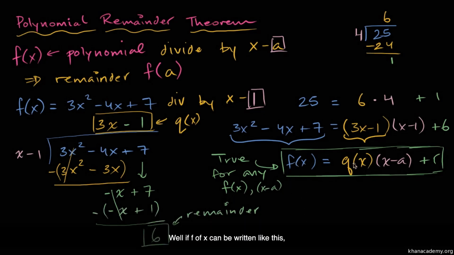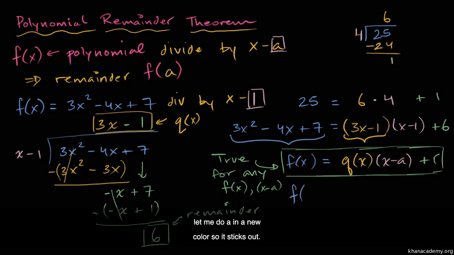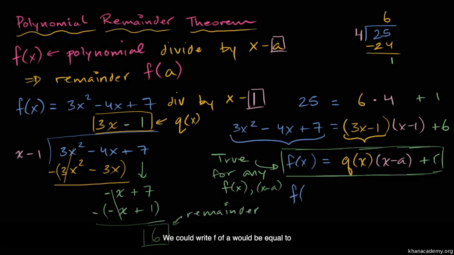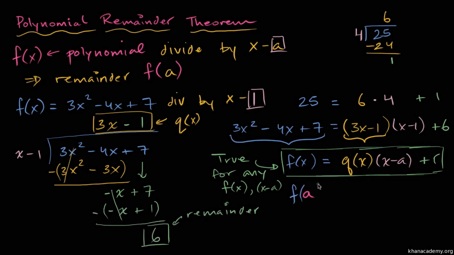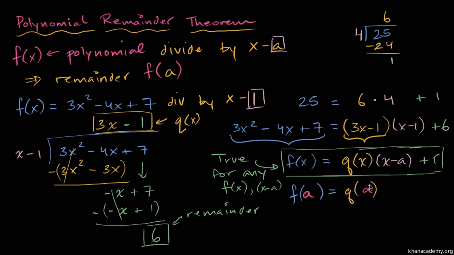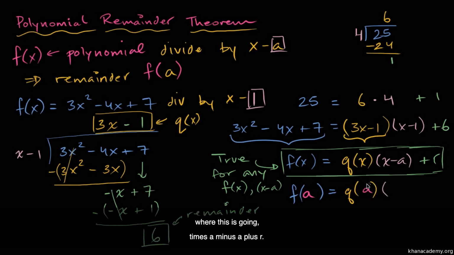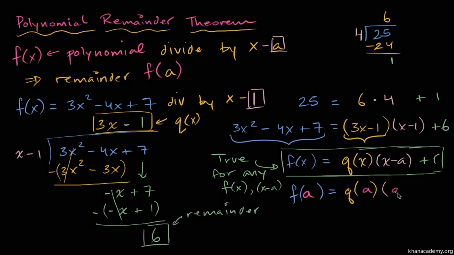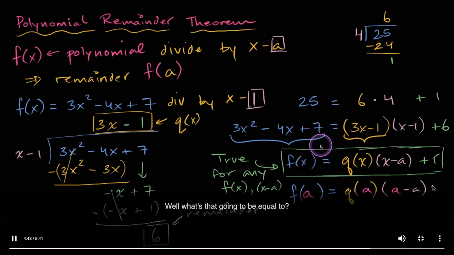Well, if f of x can be written like this, we could write f of a would be equal to q of a times, I think you might see where this is going, a minus a plus r. Well, what's that going to be equal to?